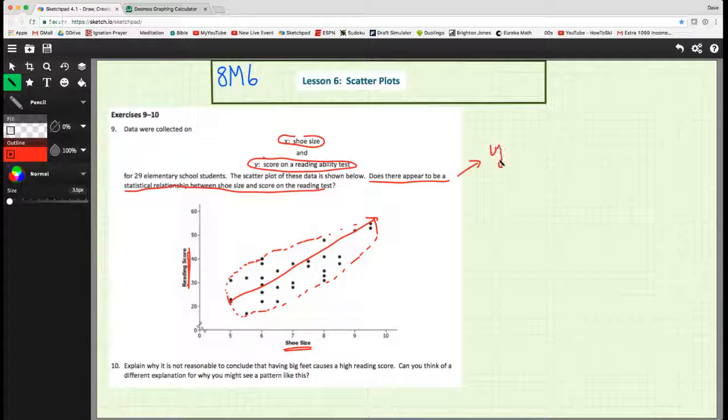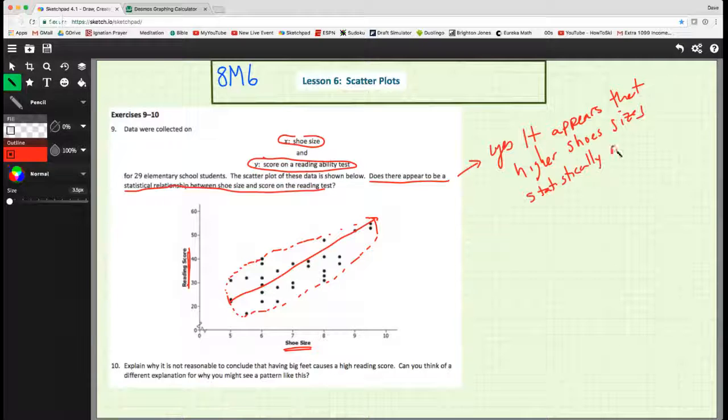So I would say, yes, it appears that higher shoe sizes statistically relate to higher reading scores. Yes. So that's the answer to A.